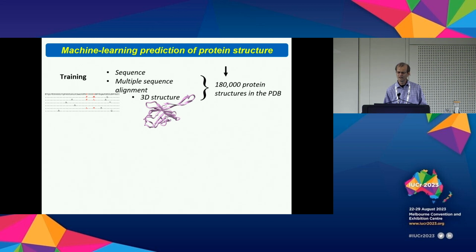Wait a minute. 180,000 structures in the PDB, where did they come from? Us, right? We did that. So give yourself and your colleagues a hand for solving those 180,000 structures that made AlphaFold possible. That's us, and 60,000 depositors did that.